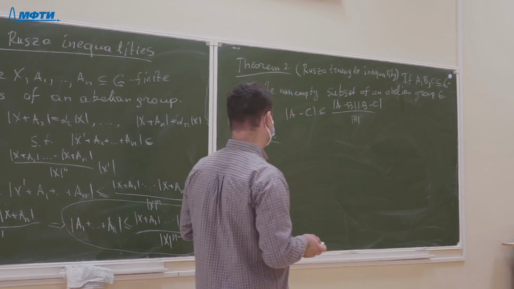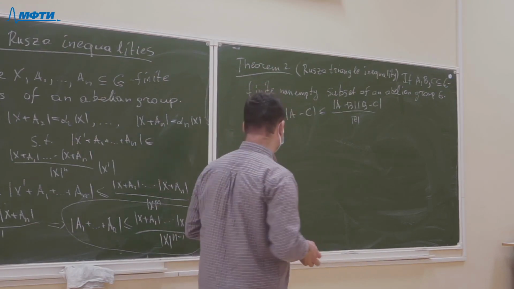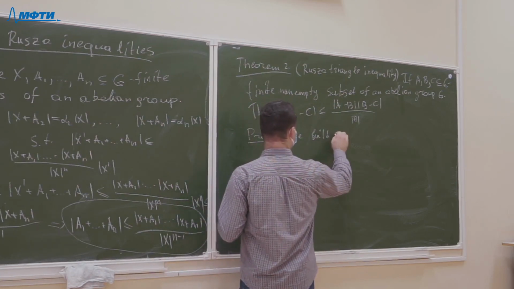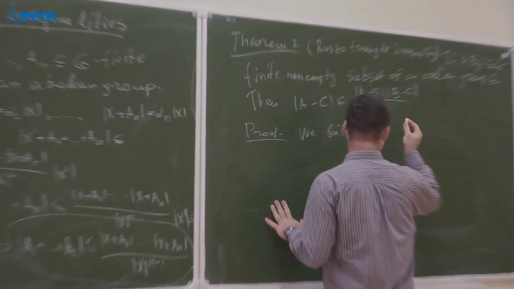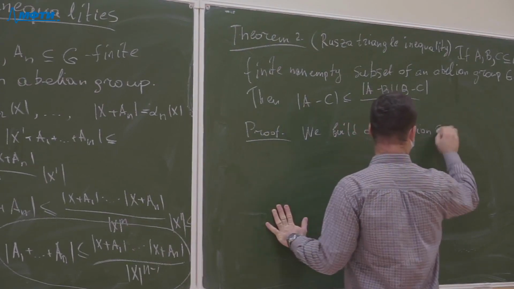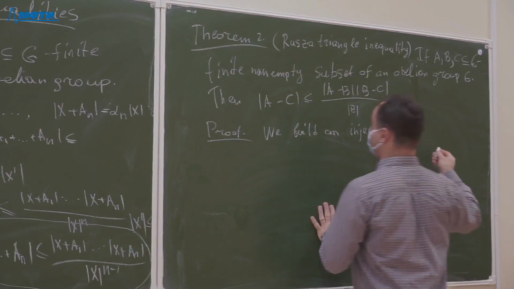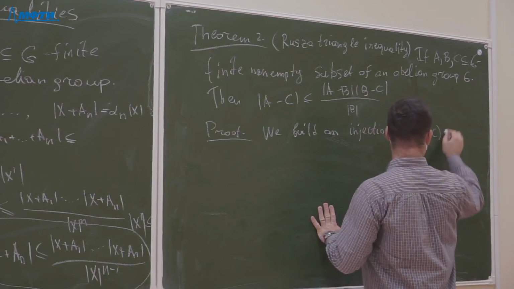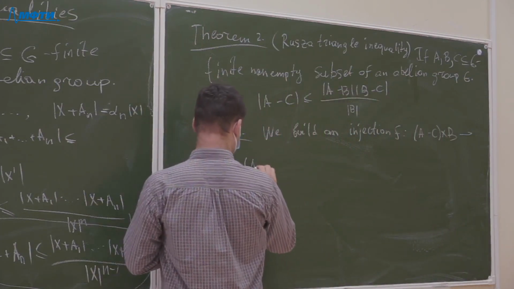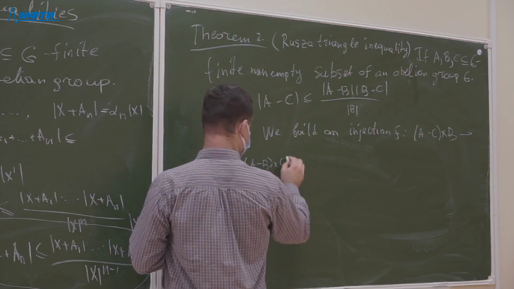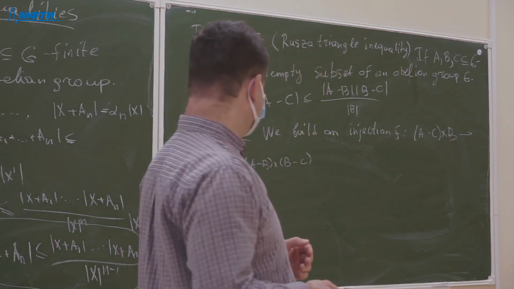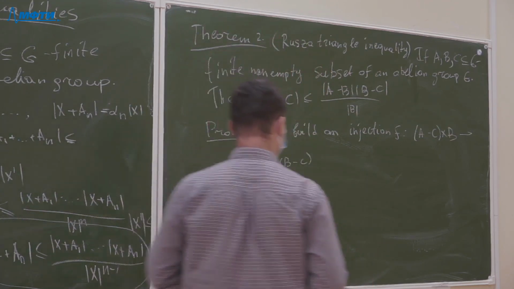How to prove this? We build an injection F from A minus C times B into A minus B times B minus C. How to build this injection?